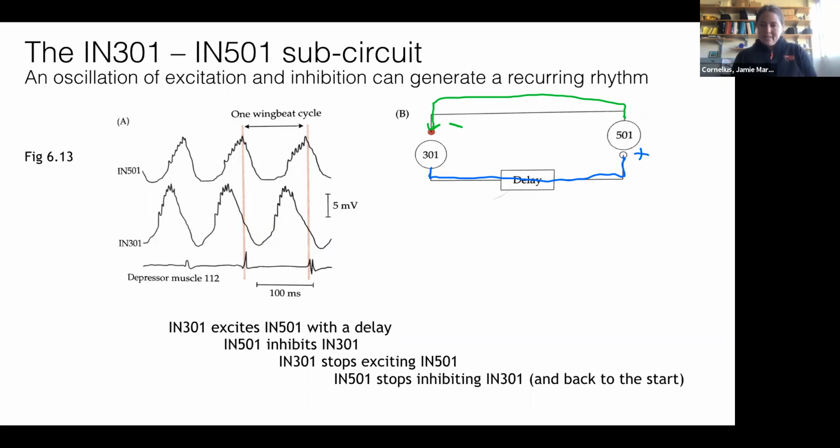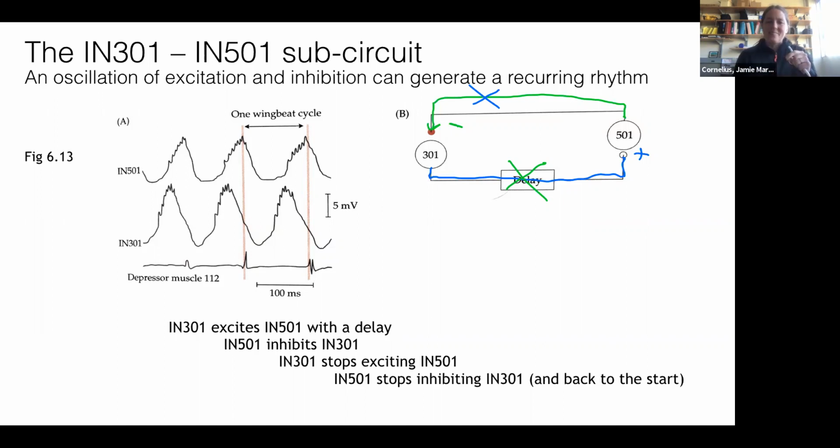When 301 is inhibited by 501, that means that you effectively turn off this transmission, and so you stop activating 501, and that stops the inhibition of 301, and you can start all over again.